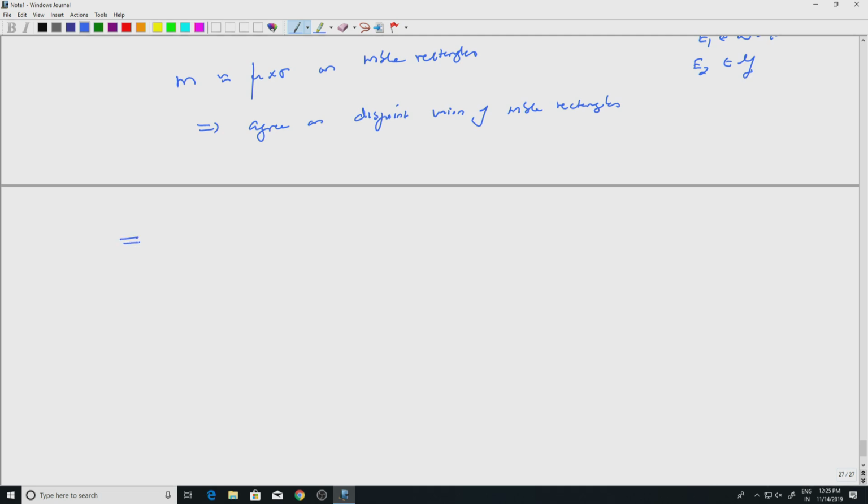So this by MCT will agree on all sets in L of (0,infinity) cross G, in the product sigma algebra.